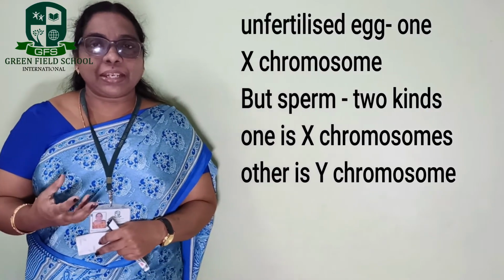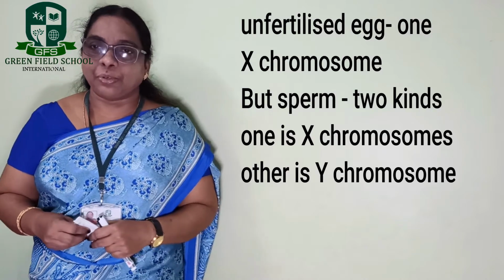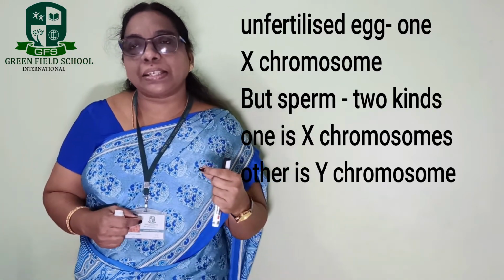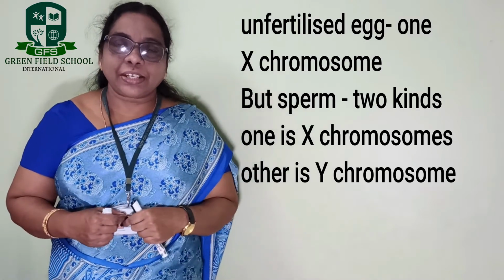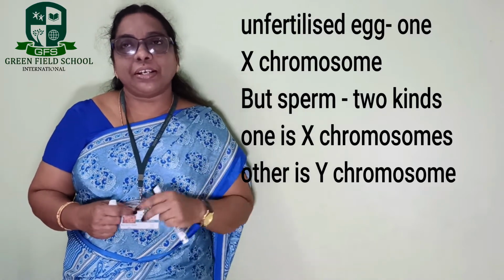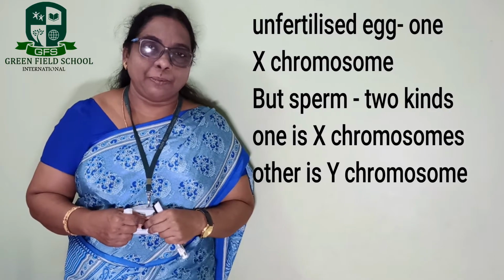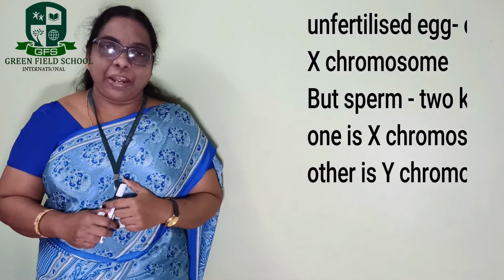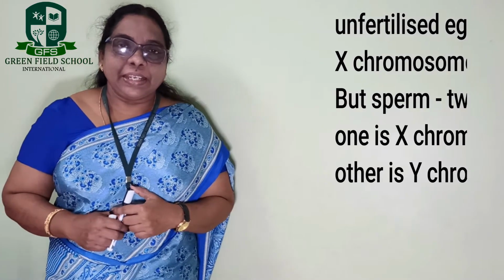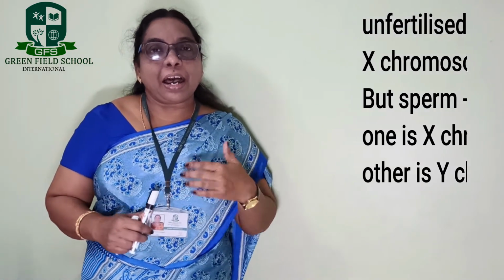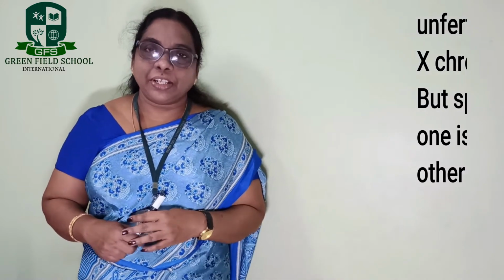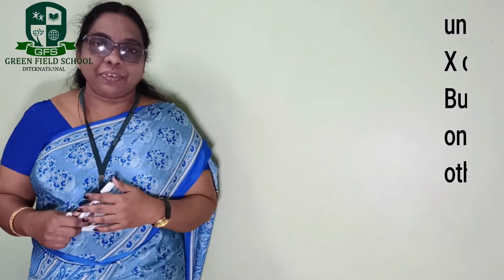The female gamete has one X chromosome. Whereas the sperm has two different kinds of chromosomes: one is the X chromosome and the other is the Y chromosome. So now, how the fusion of these chromosomes takes place during the fertilization process, we will study now.